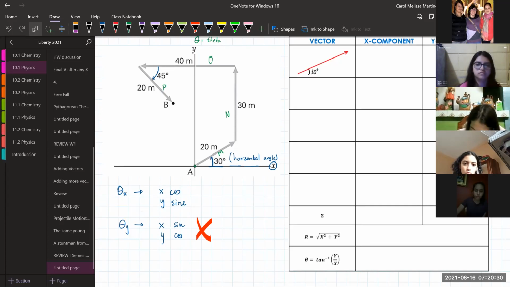My second vector, N, is going up like this. Now, I didn't write what the vector is. The first vector measures 20 meters.